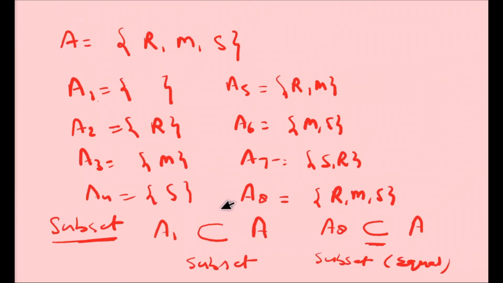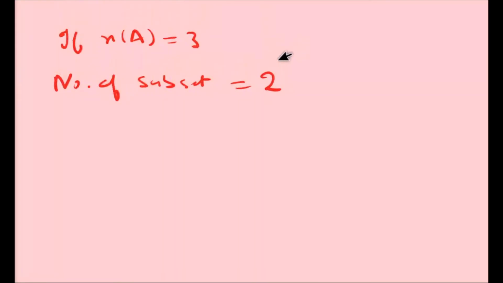So students, we can say that if n(A) equals 3, here it is 3. For the number of subsets, the formula is 2 to the power n.